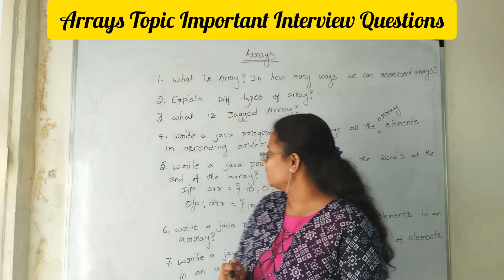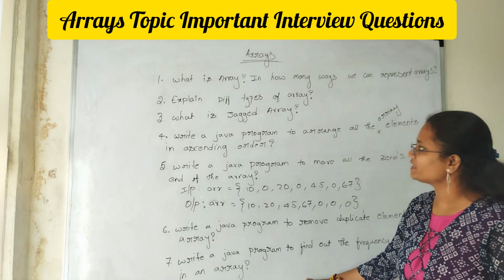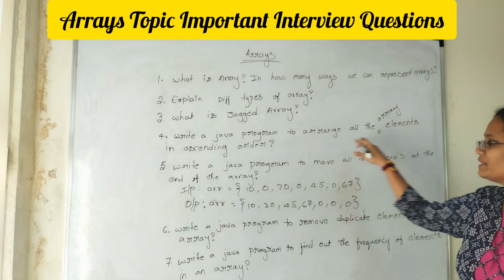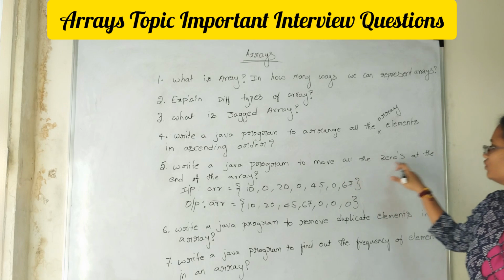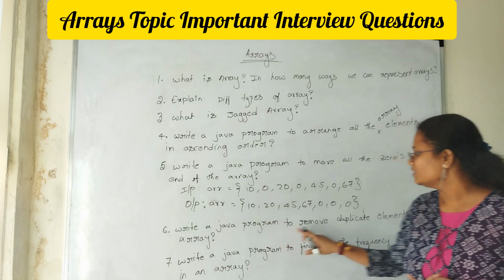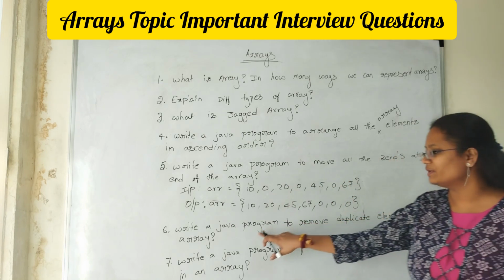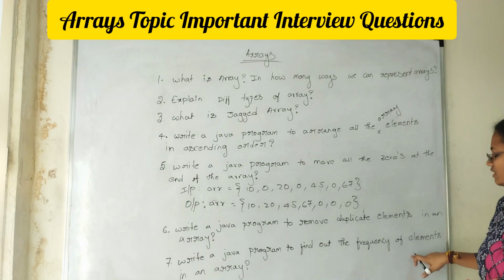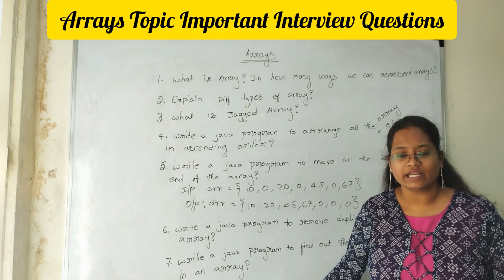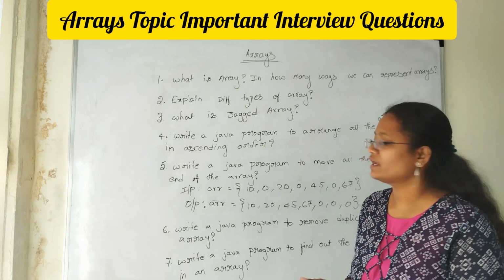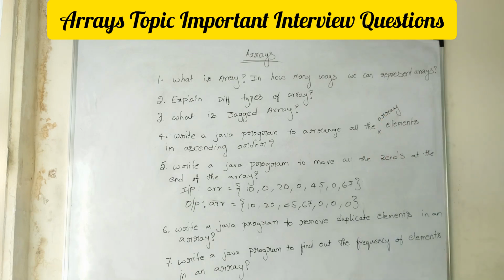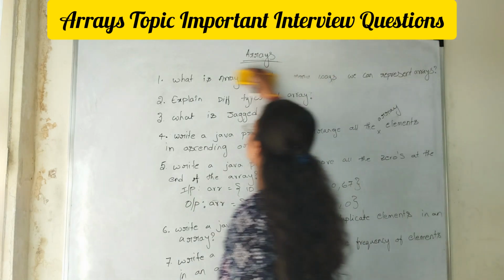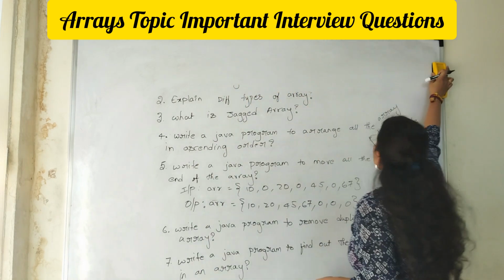We need to focus on these topics: arranging all the elements in ascending order, moving all the zeros to the end of the array, removing all the duplicates in the array, and finding the frequency of elements in an array.